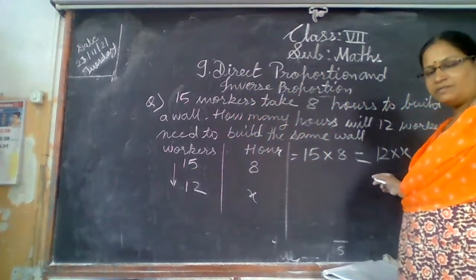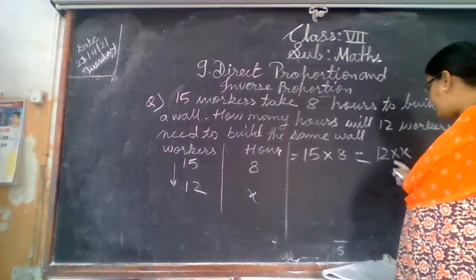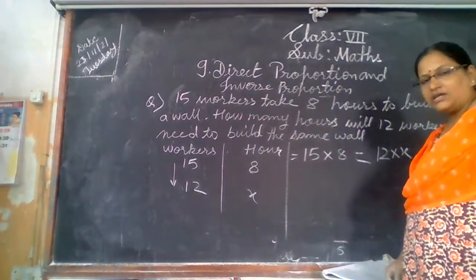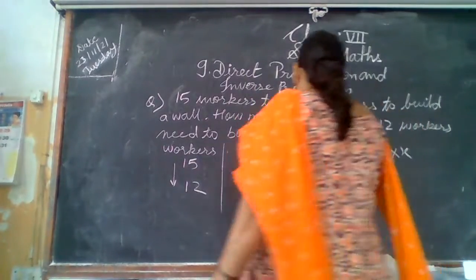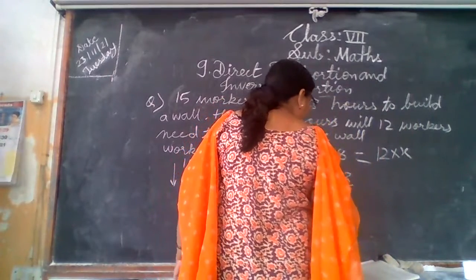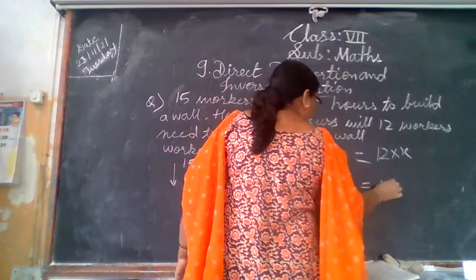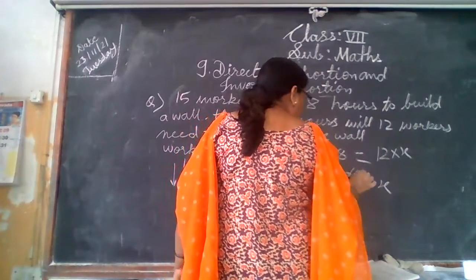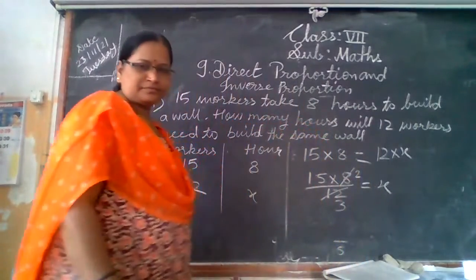Now see, it becomes a simple linear equation. To find the value of the variable x, you have to shift the 12 to this side. So 15 multiplied by 8 divided by 12 equals x. 4 threes are 12, 4 twos are 8.